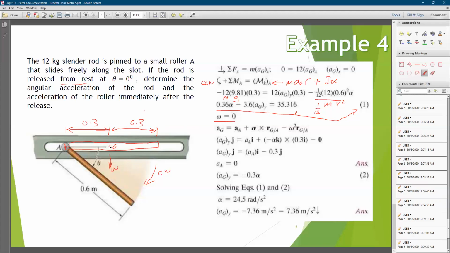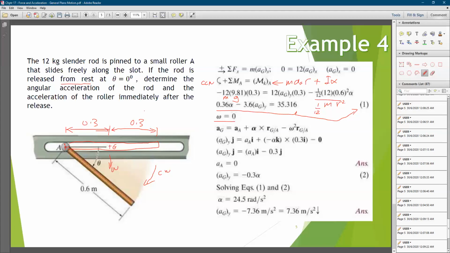RGA is from here to here. Then minus omega square, because this is a 2D problem and we can simplify into this equation, omega square dot product with RG relative to A.